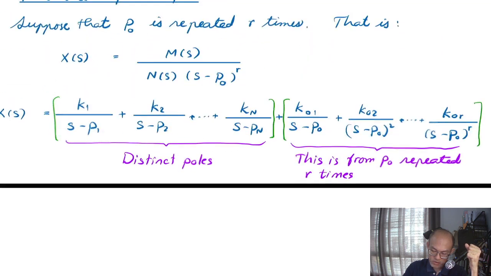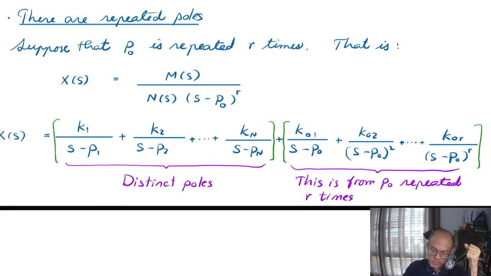Notice that because p0 is repeated r times, we have r terms here, and each term is distinct from each other by the exponent, by the power here. So you see, this is to the power of 1, this is to the power of 2, until the power of r.